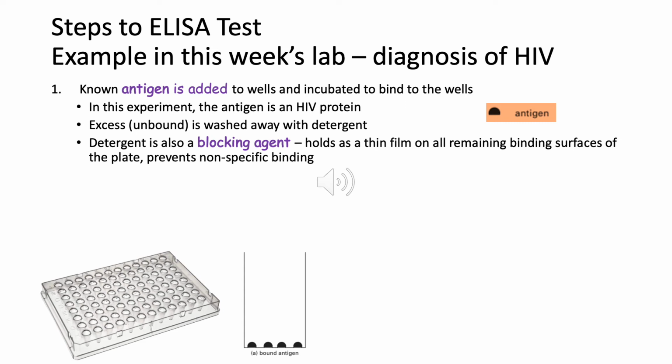So that gets bound to the bottom of the wells. Then excess or unbound protein is washed away with a detergent. And the detergent also serves as a blocking agent, which means that it holds as a thin film on all the remaining binding surfaces of the plate so that it prevents non-specific binding.